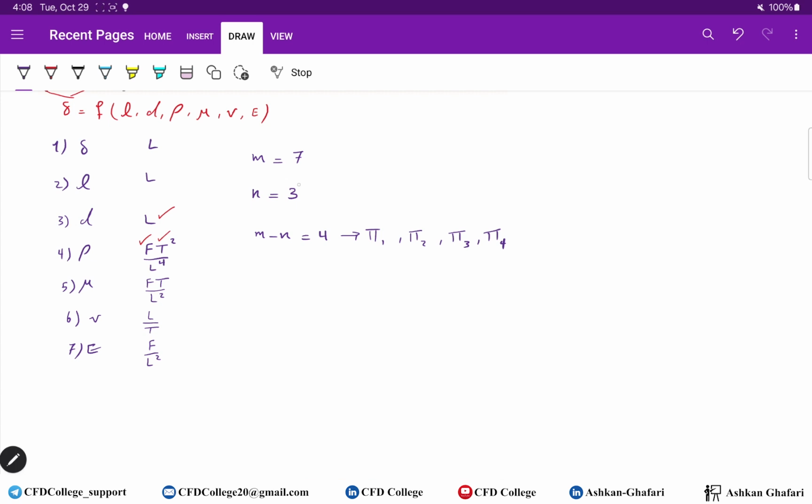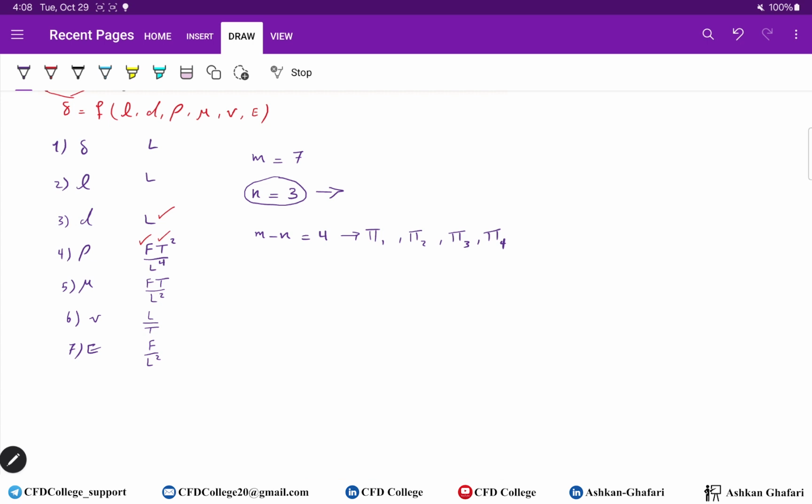Because n is free, so you have to find n, and then you have to pick n dimensional quantities, and you know that they must include all of these units, I mean F, T, and L. You can't pick delta, L, and D. That's obvious, because that way you only have length in the units.